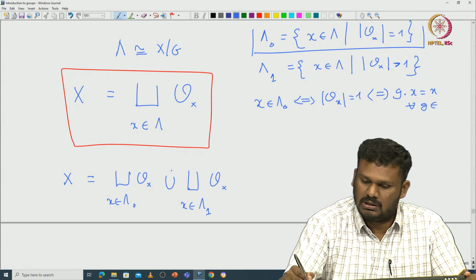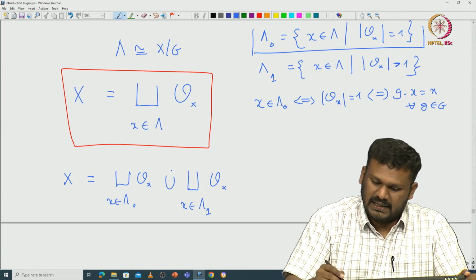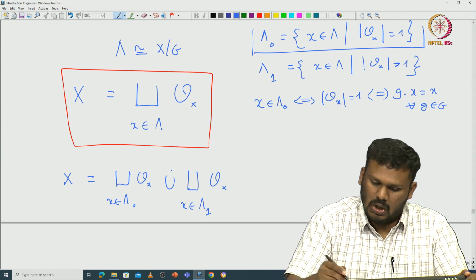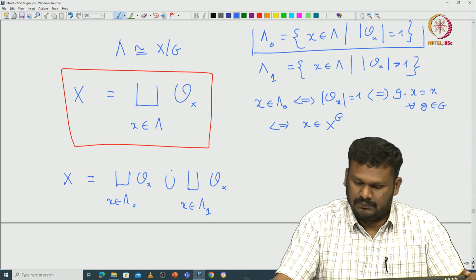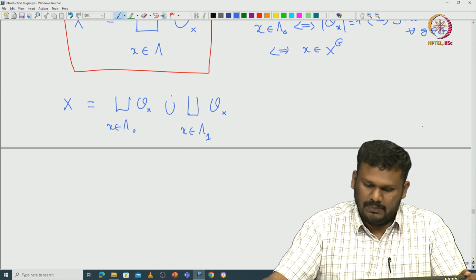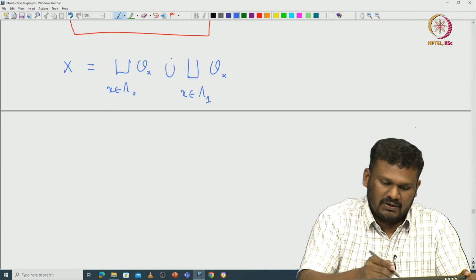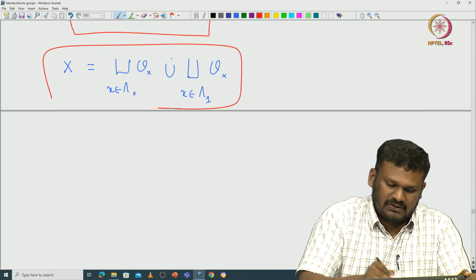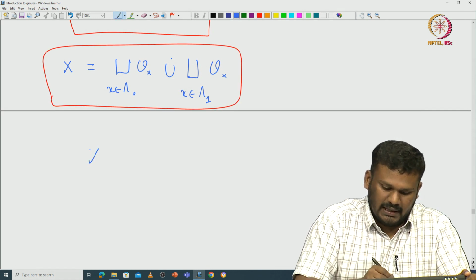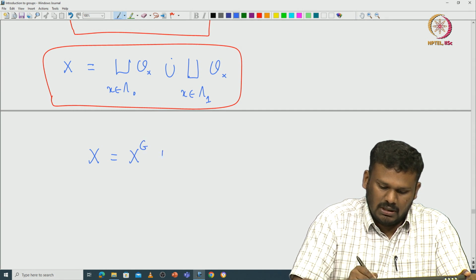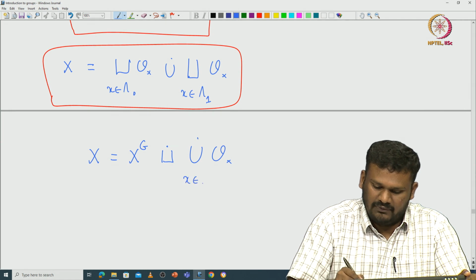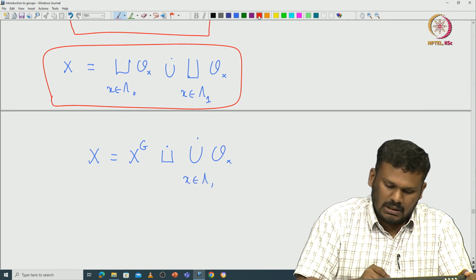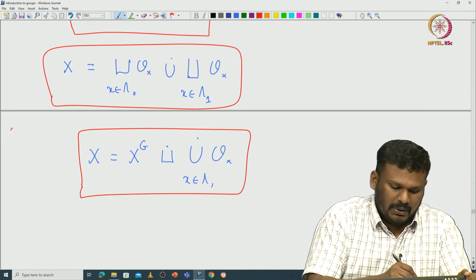That means x is in lambda naught if and only if x is in the fixed point subset of this action of G, that is X power G. So one can rewrite this equation as follows: X equals X power G disjoint union the orbits of x, where x is coming from lambda 1. This is what we called the orbit decomposition of capital X.